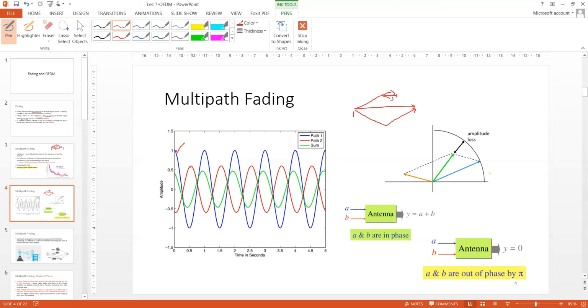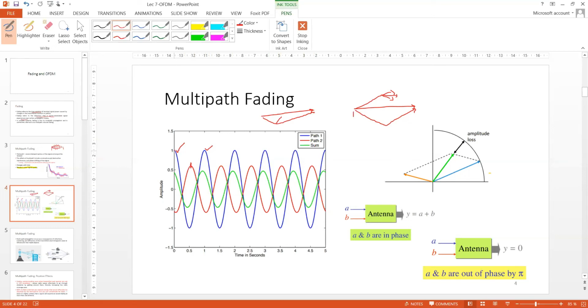Similarly, if you can see the red signal, this is the second copy of the signal received at the receiving end, and let's suppose it has been traveling through path 2. We can easily say that on path 1, the signal is traveling directly between the transmitter and receiver module since it has a relatively larger amplitude. Similarly, on path 2, the signal might have been reflected or diffracted by some other obstacles between the transmitter and receiver module, since the amplitude of this signal is relatively less.